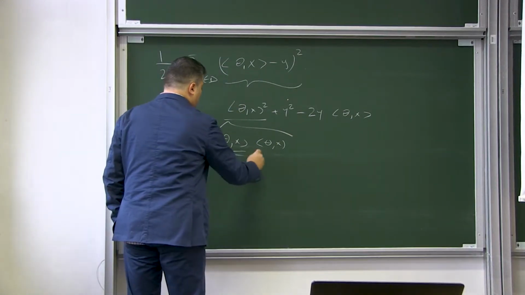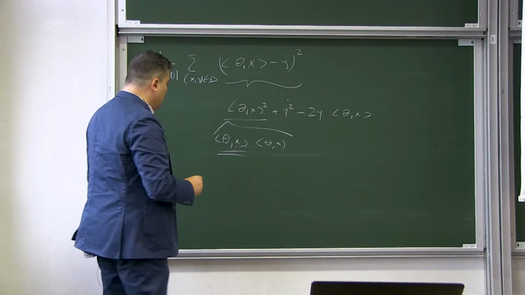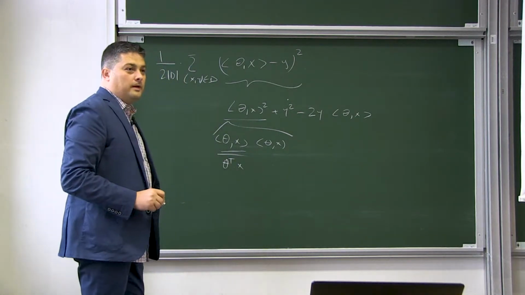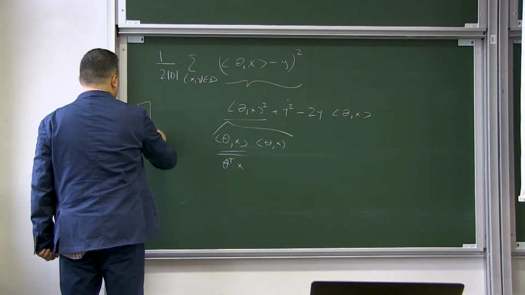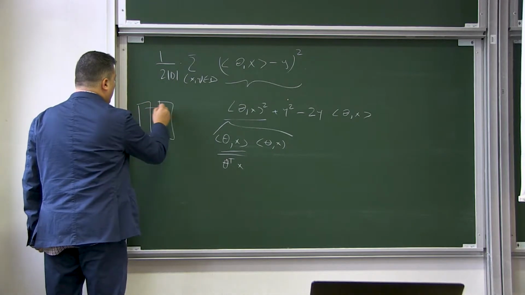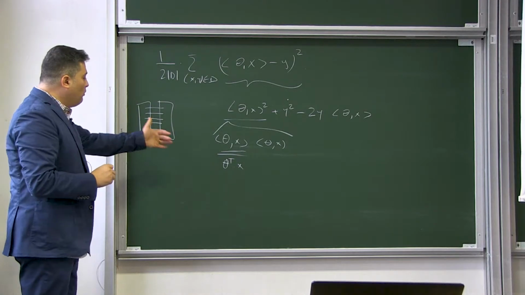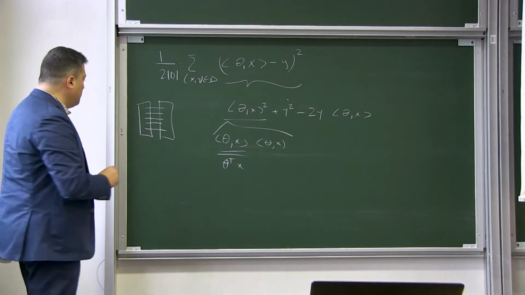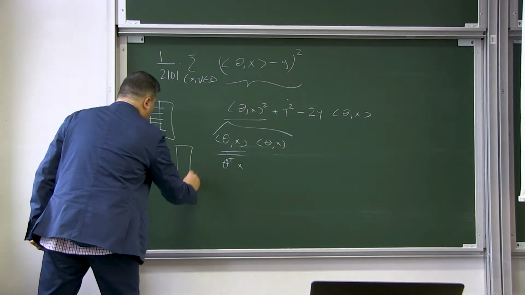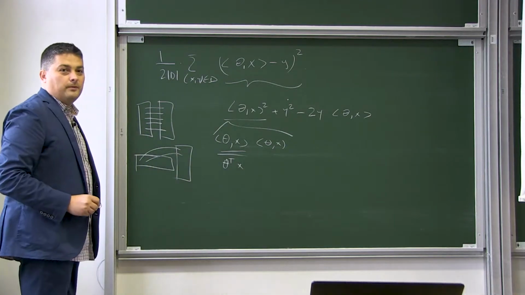But this is a scalar, because effectively, this dot product doesn't mean anything else but theta transpose x, right? So theta is a vector, x is a vector. The dot product means you multiply the corresponding entries, right? And if you want to do this using a vector notation, you transpose this. So this becomes something like this, multiplied with something like this, and so on and so forth, yeah?